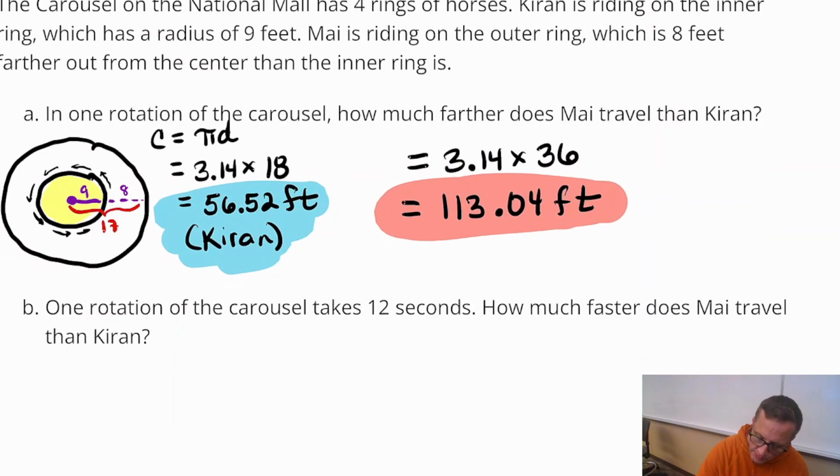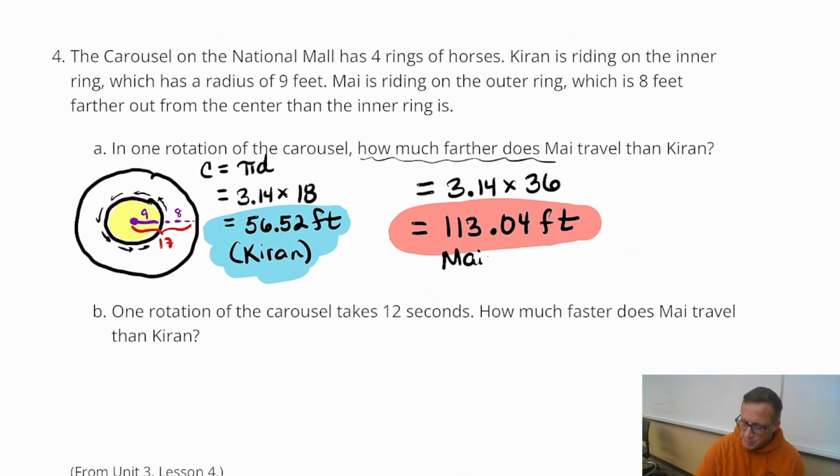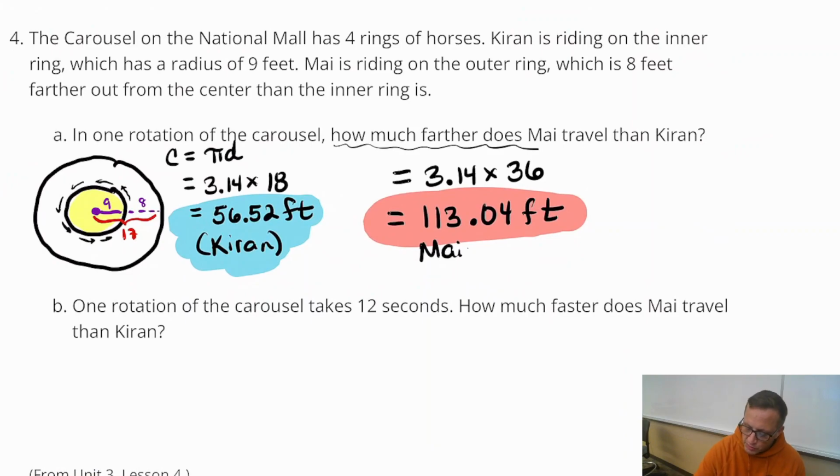So the question says how much farther does Mai travel than Kieran? Well, we just have to subtract those. So we just have to do 113 and 4 hundredths minus 56 and 52 hundredths.